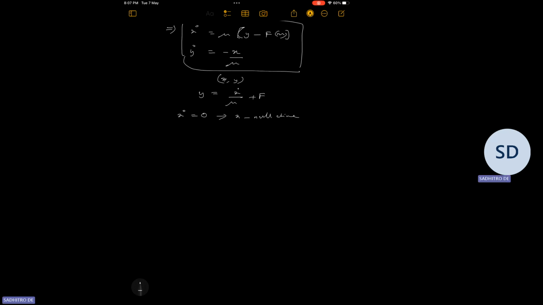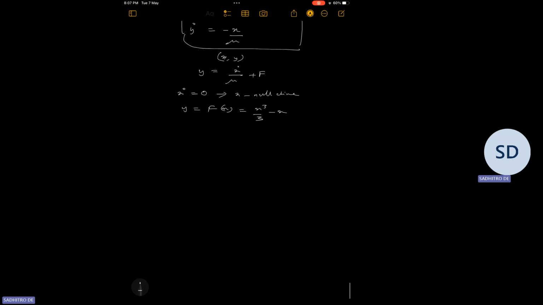So the x null line is basically given by y equal to f of x, which is equal to x cubed by 3 minus x. And the other null line, that is y dot equal to 0, is called the y null line. This is basically given by the line x equal to 0.